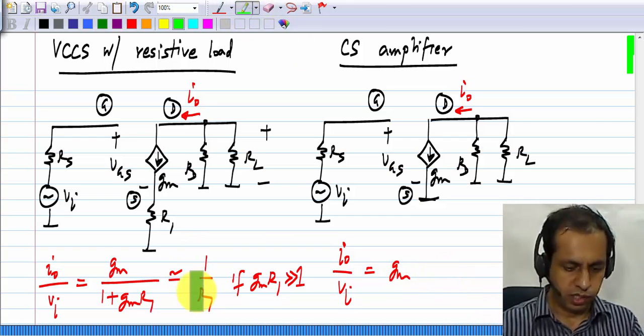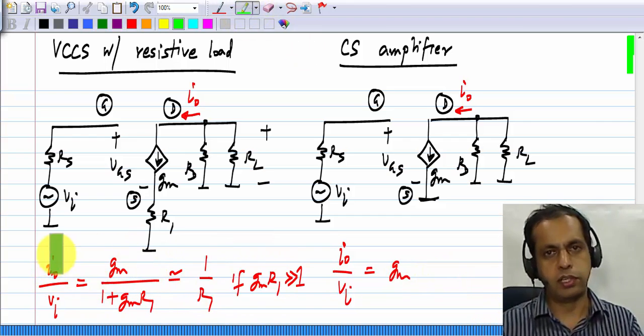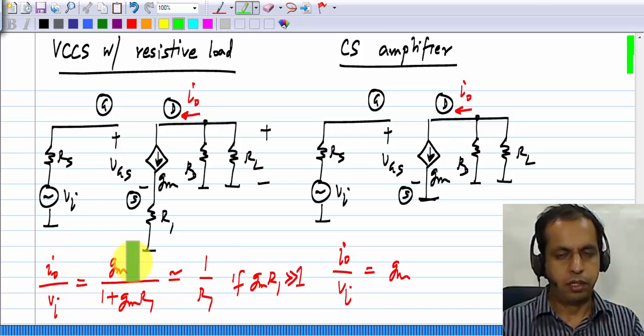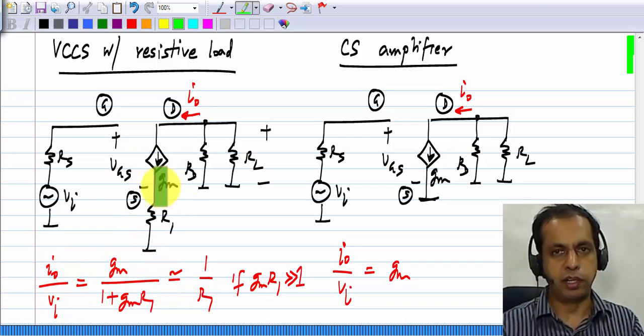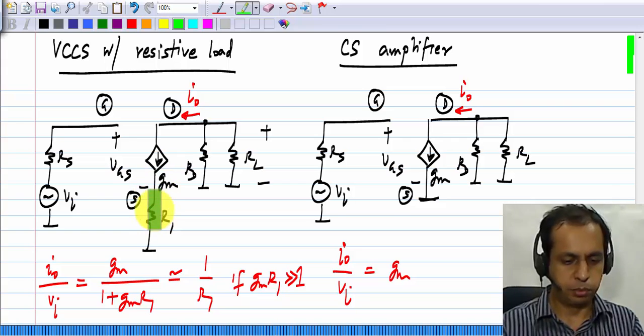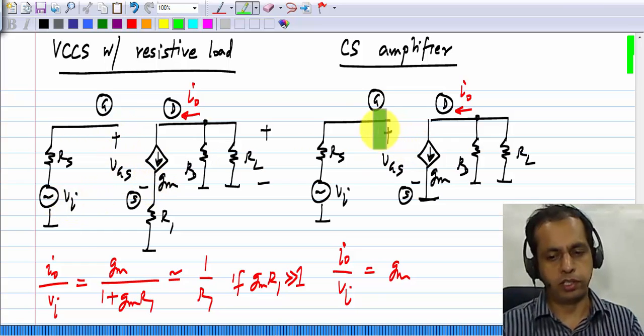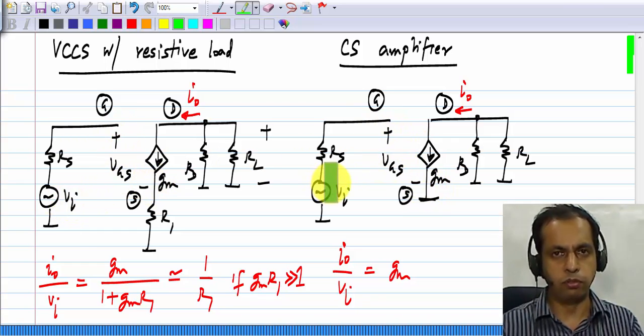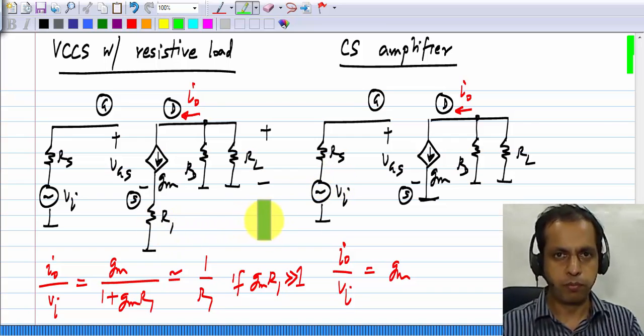So this has a smaller transconductance I0 by Vi, and it is referred to as degenerating the transistor. By connecting a resistance between the source terminal and ground, the effective gate source voltage here is smaller than Vi, whereas the gate source voltage here is exactly equal to Vi. So the transconductance is reduced.